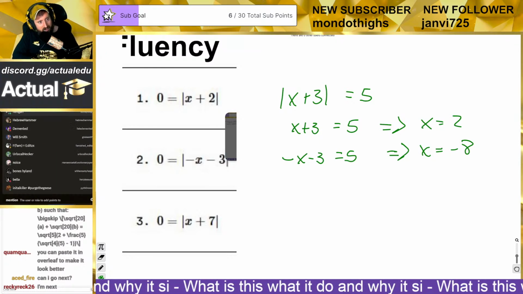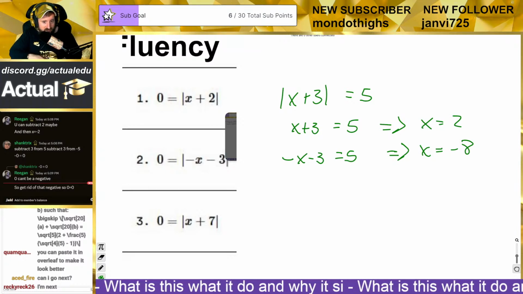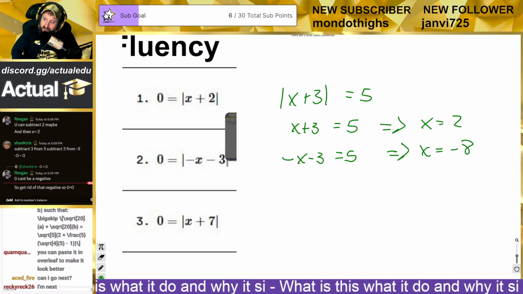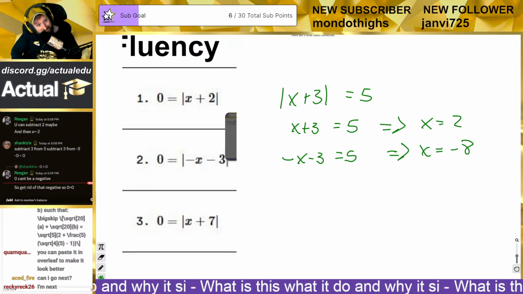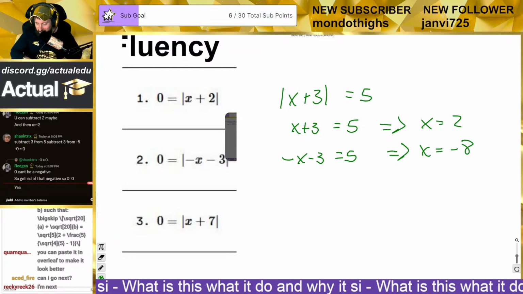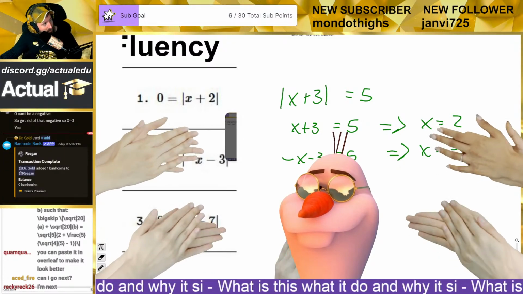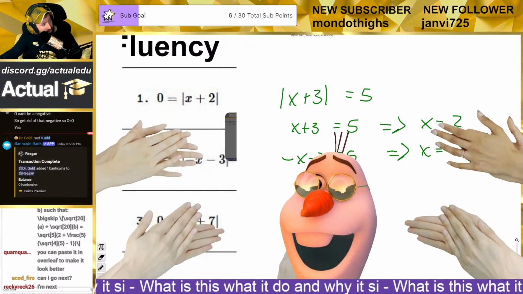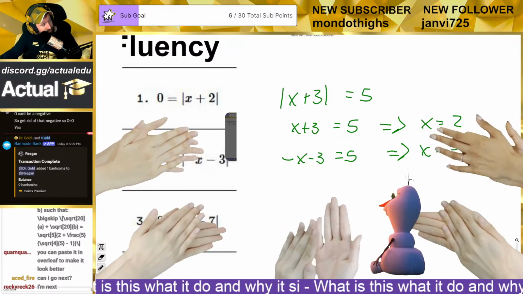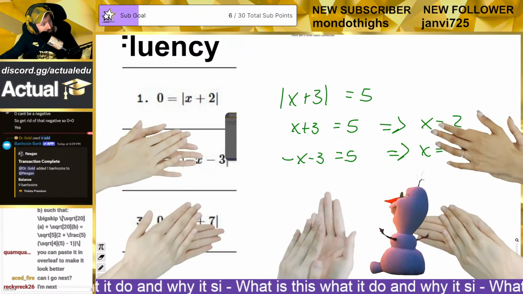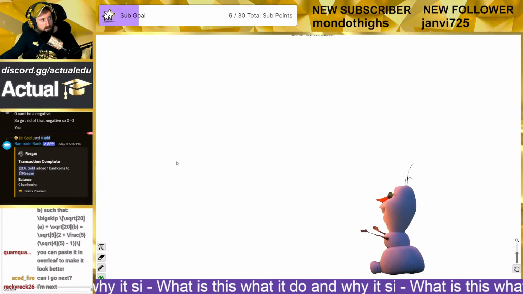Okay, Regan, does that make sense to you? It's not that bad, right? This is so much easier than the other question I was just going through. Yeah? Okay, cool. Great. Good job. All right. Well done! Well done!